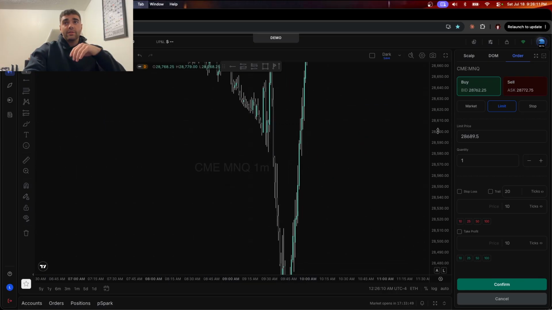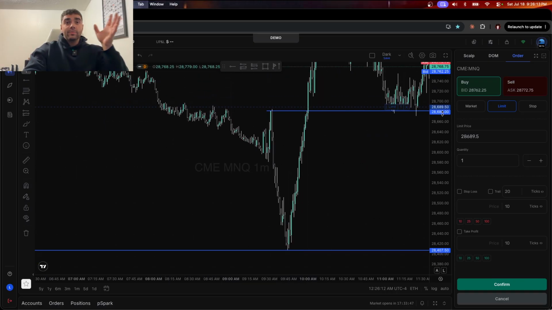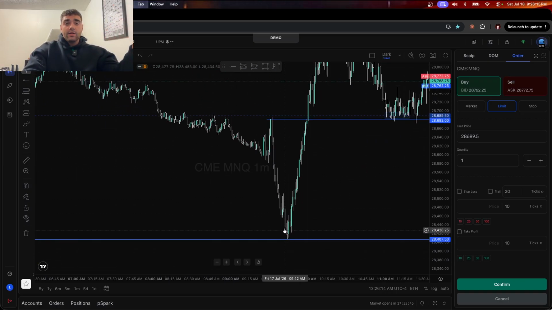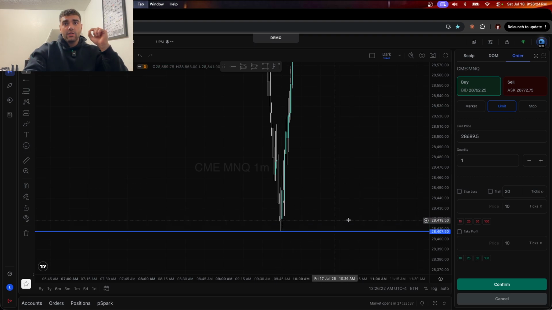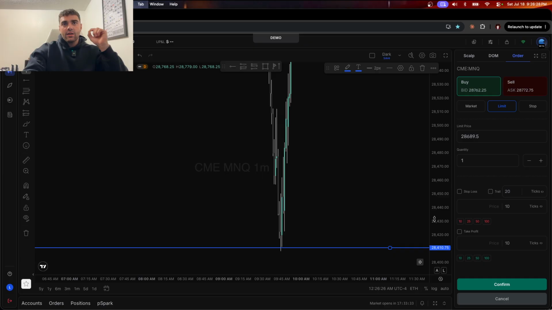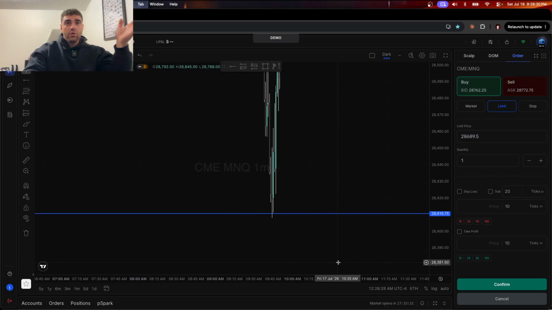What it looks like happened down here, I looked back before starting this, but this is price action from May that got swept. A bunch of dudes entered about right here in May, and they were like, oh crap, I was shorting because the market was going down and it didn't work.